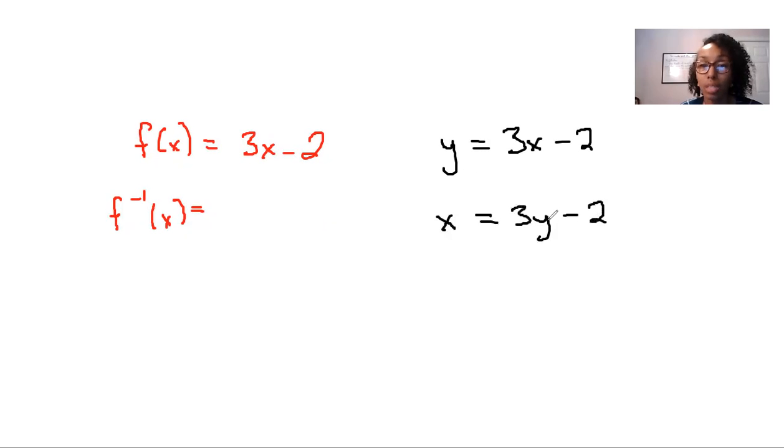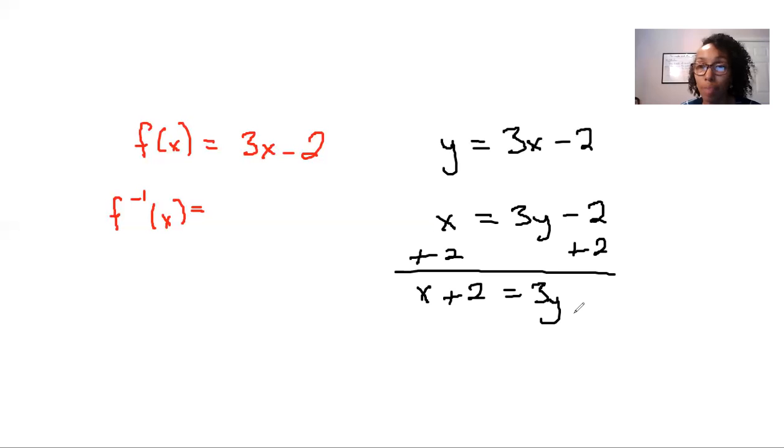And now we're going to solve it again for y. We do plus 2 on both sides, and then divide off the 3. So x plus 2 equals 3y, and then divide everything by 3.